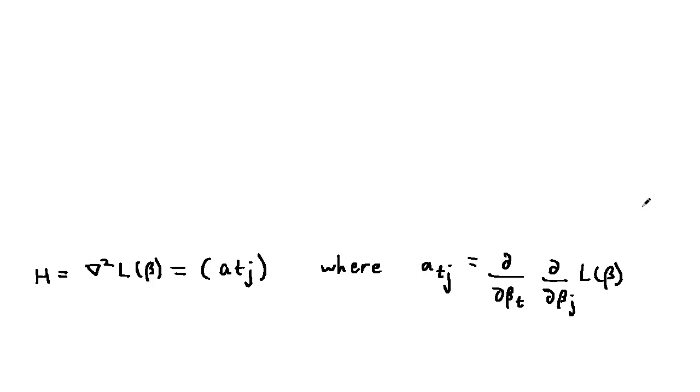Now for the Hessian, H, it's equal to the matrix where the t,j-th entry, a sub tj, is given by this. The partial derivative of L with respect to beta j, then the partial derivative of that with respect to beta t.